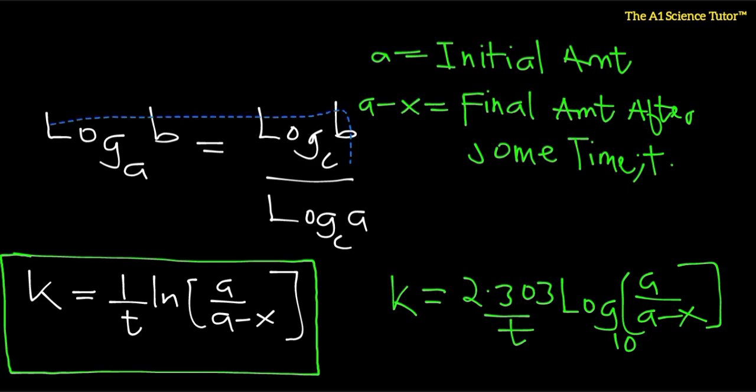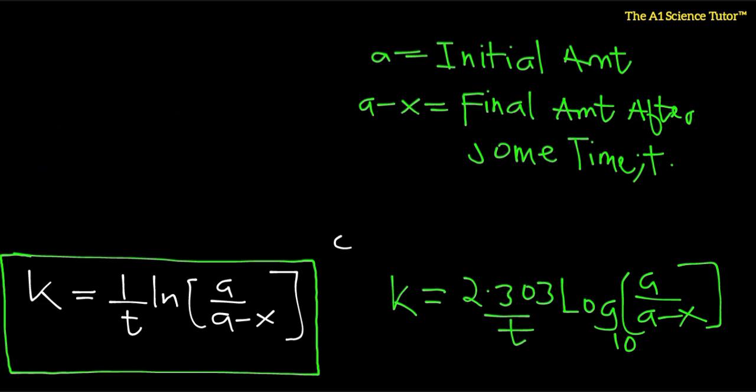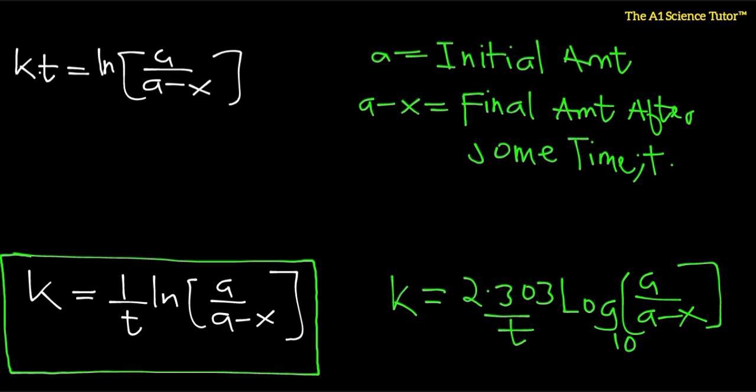So let me use that principle in this equation. So for this one, I have k, and this is equal to, now before I do that, let me just take t to this other side so that I'll reduce the complexity. So this is going to be kt. This is equal to ln, and we have a divided by a minus x. So I want to change this.